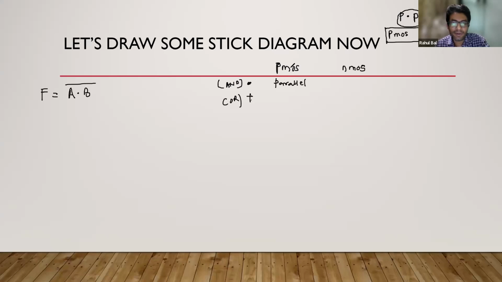If there is the OR operator and it is PMOS, they will be in series. For NMOS, it is exactly opposite. So if NMOS is there and the AND operator is there, they will be in series. Otherwise, they will be in parallel. So this table is very important. It has no technical logic, I am telling again. It has no technical logic, but just for remembrance purposes, I am telling how to remember to draw a circuit diagram.